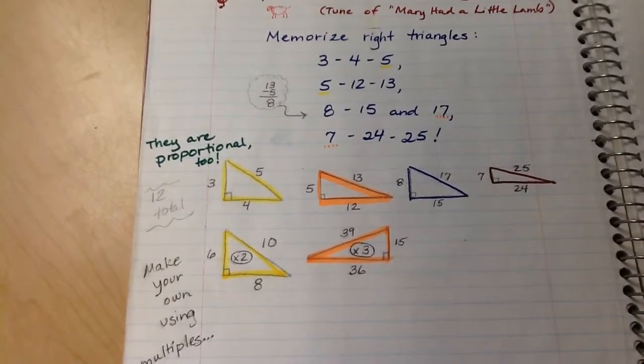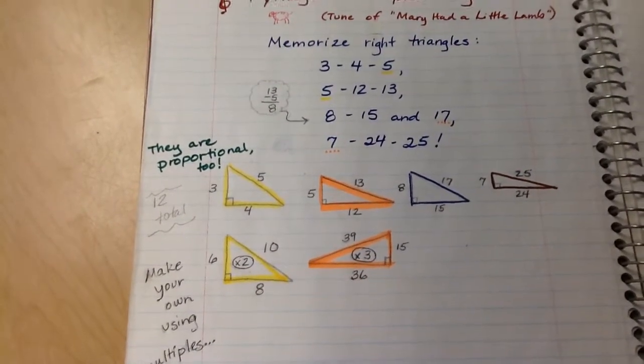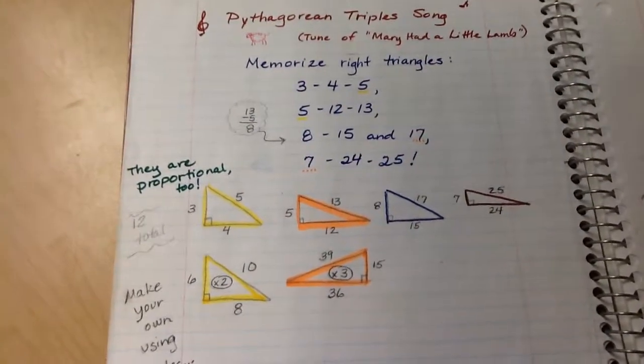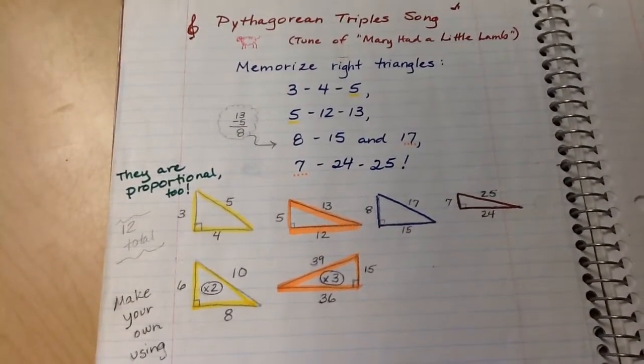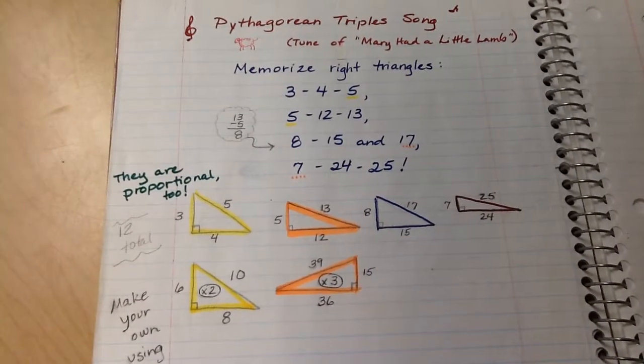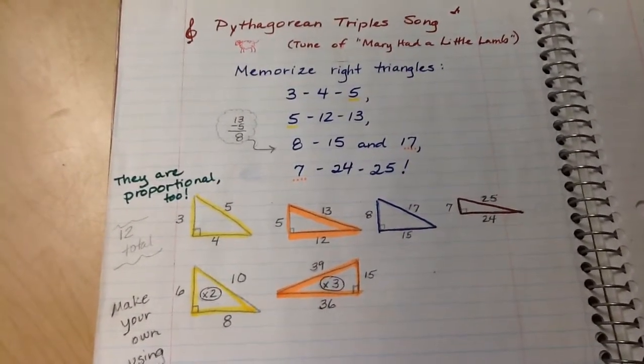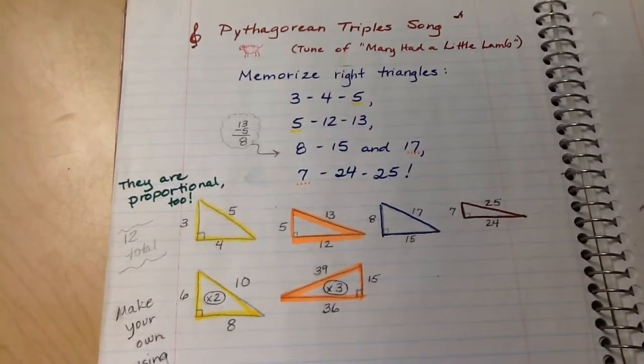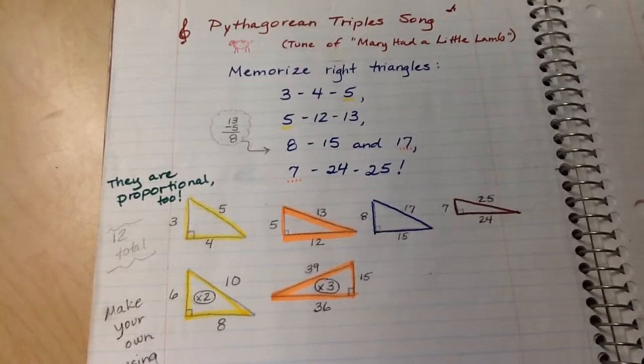Then you'd get a 15, 36, 39 combination. You don't even have to do the math. You just know how they fit together, and your number sense will carry you the rest of the way. You can see the scale factor. You use these 4 Pythagorean triples, and they will help you on many things in math.